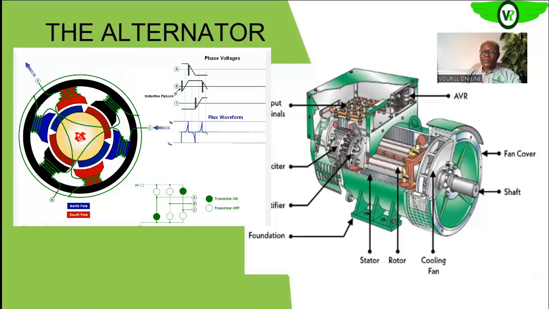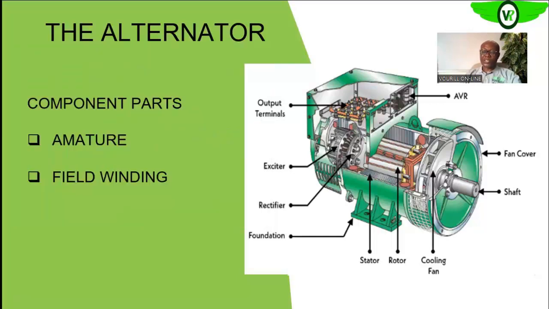Now, since what we have here is not a permanent magnet but an electromagnet, we need a DC voltage to magnetize these field windings, because that magnetism is needed to induce voltage into our armature.